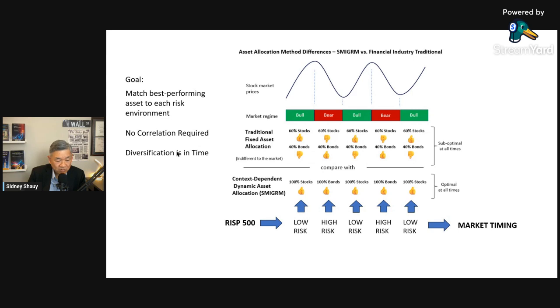So we don't need to know about correlation, whether they're going to hold, be constant, or tend to one or whatever. Doesn't matter. We don't even use correlation here. The diversification, yes, there's a diversification here. We're diversifying between stocks and bonds, but it's in time. It's in a different dimension. The time dimension. I hope this is clear.